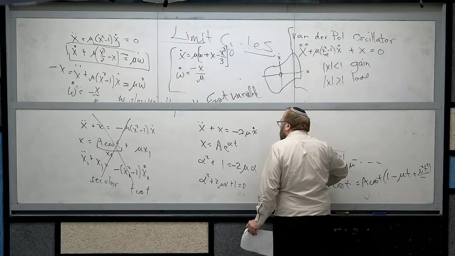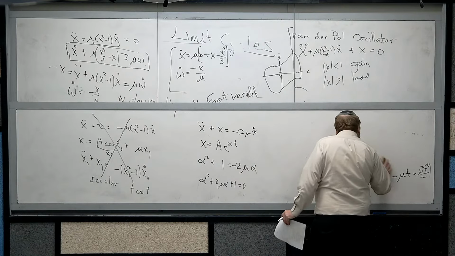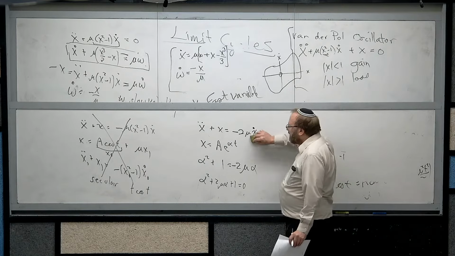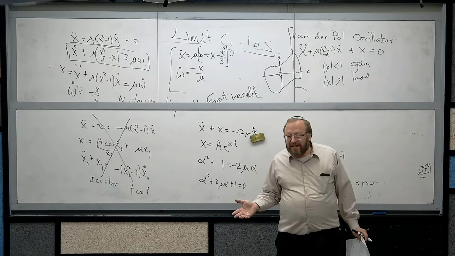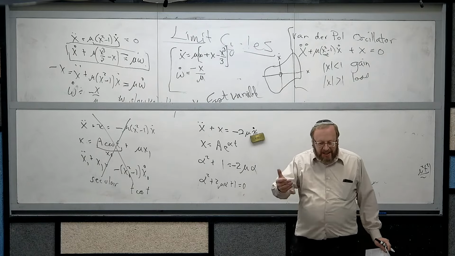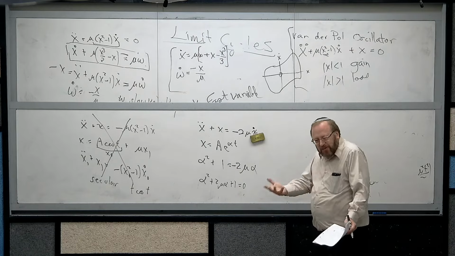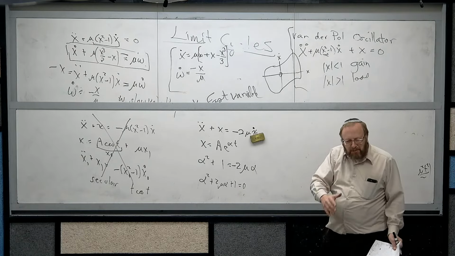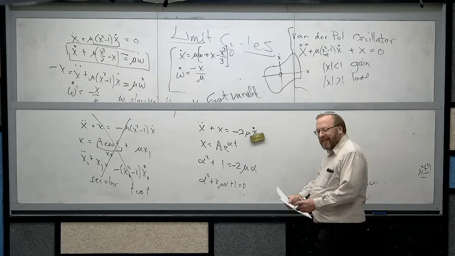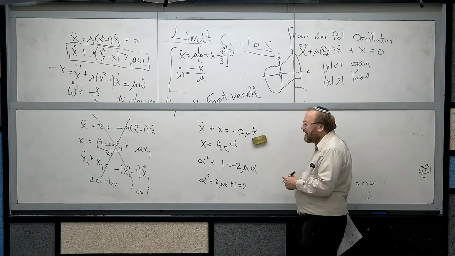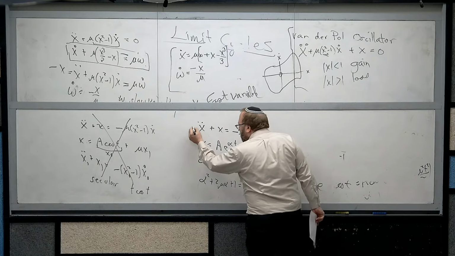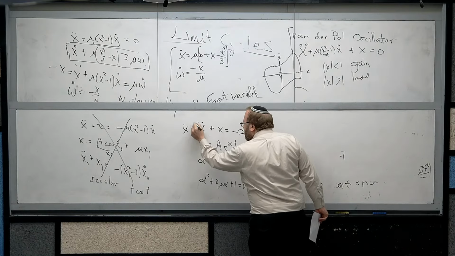Because we know that in the absence of this term, there's conservation of energy. We're physicists. For mathematicians, we say amplitude, but I mean, conservation of energy. Let's think like physicists. So how do we do that? We would multiply this by x dot.